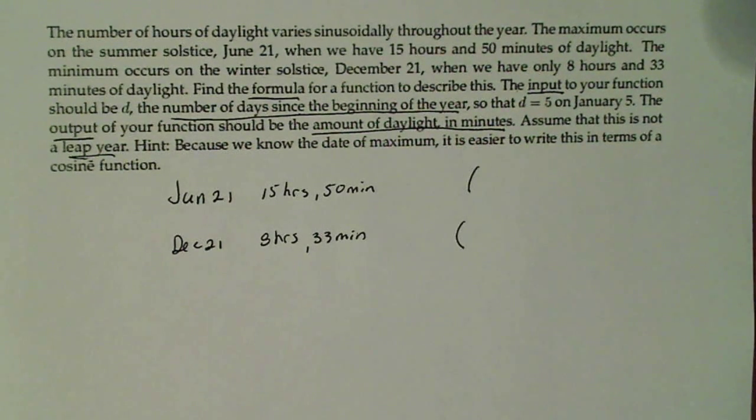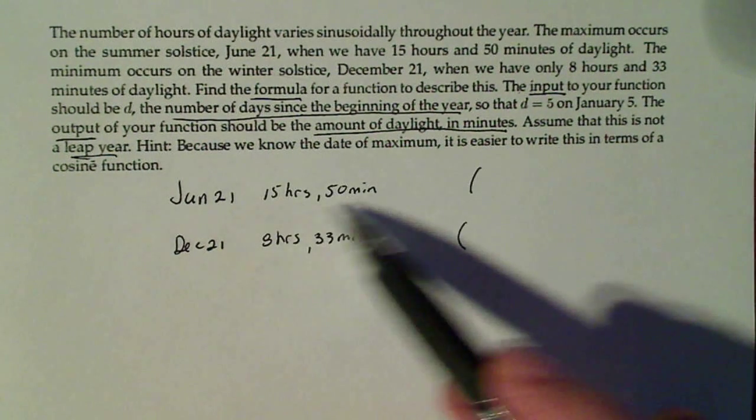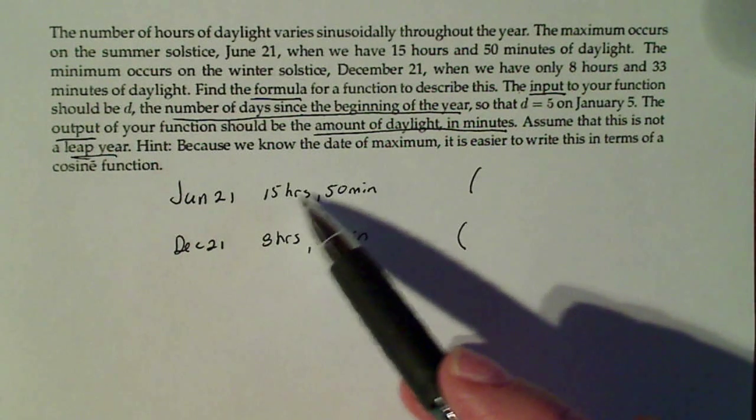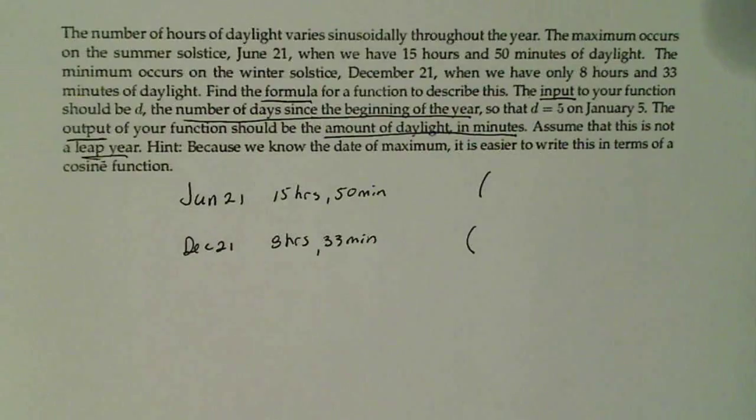Let's start with the output, determining how many minutes the sun is up. I just have to convert hours to minutes by multiplying by 60. That's an easy one to convert.